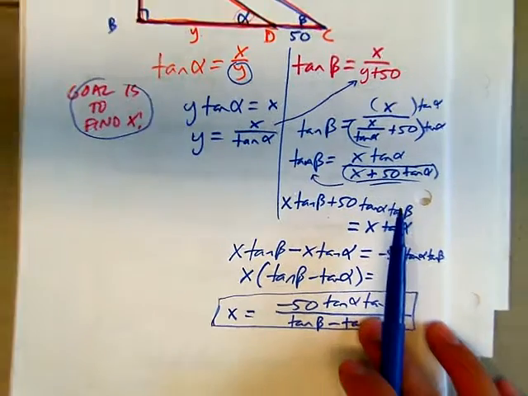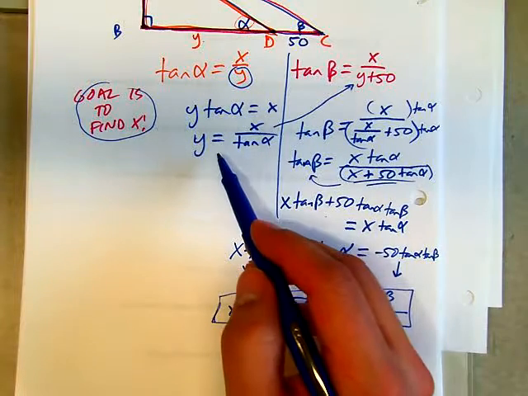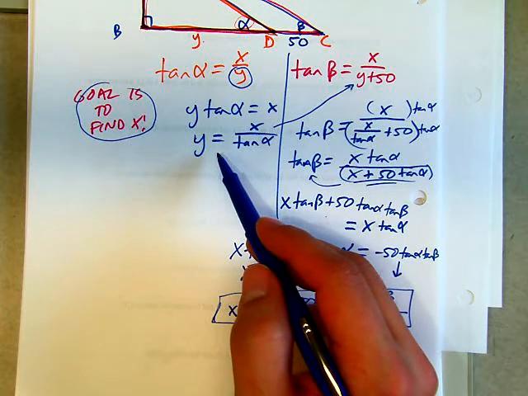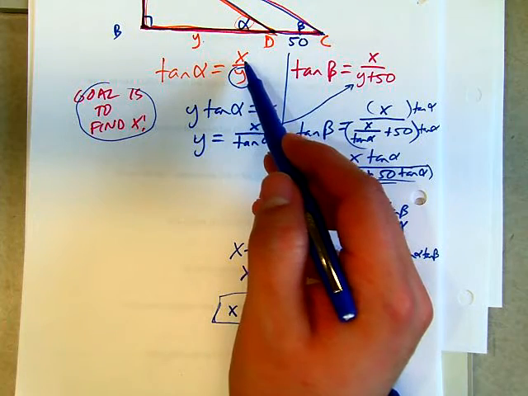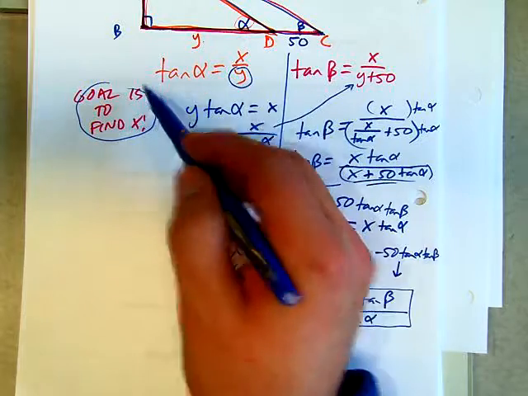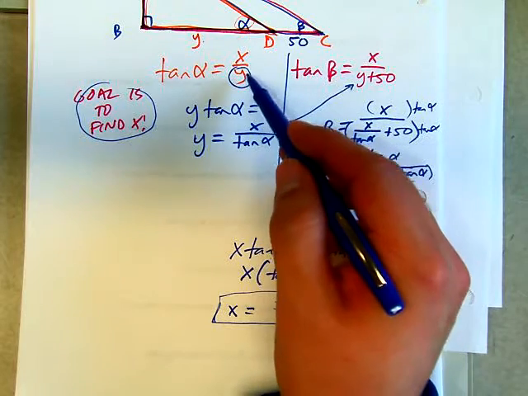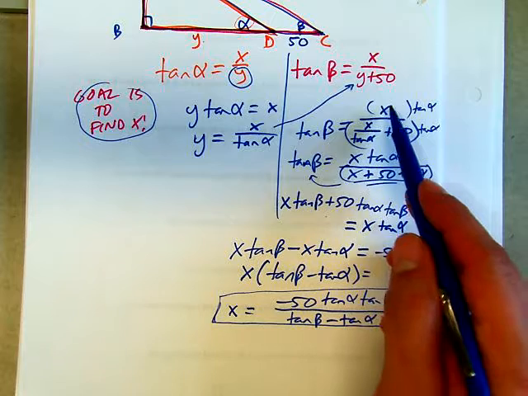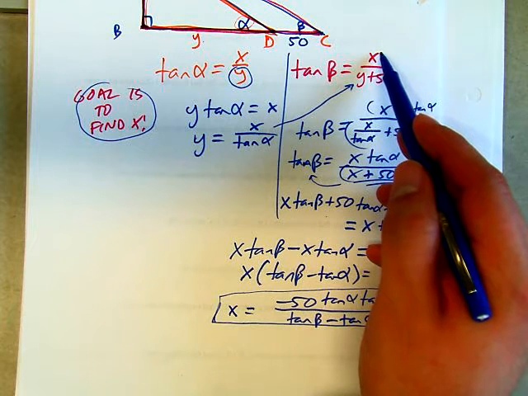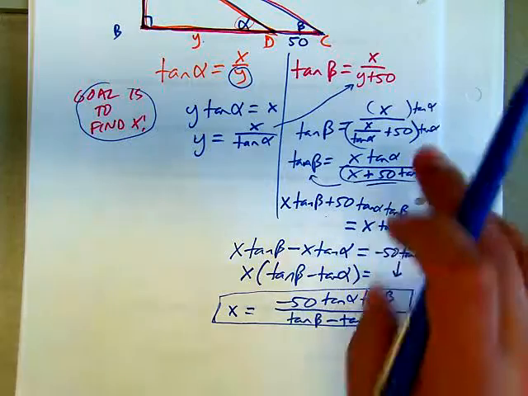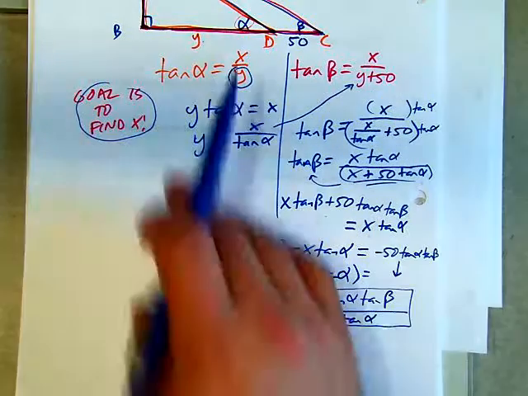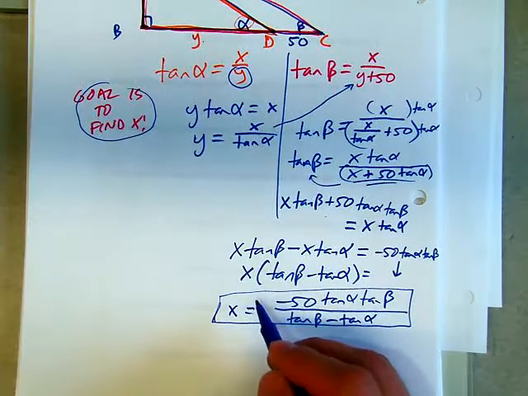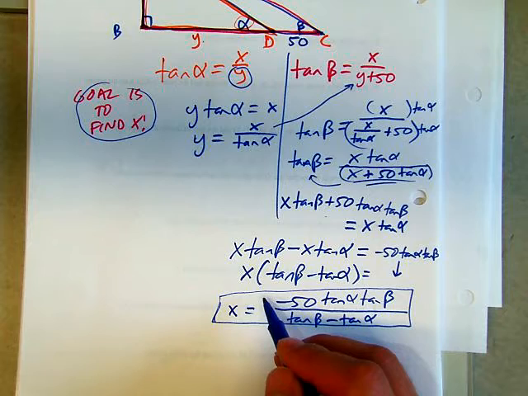Number one, you did not necessarily have to find y first. In fact, it's easier to find x because you could just multiply by y, and then now you have x equals y tangent alpha, and then you can substitute that in for x over here, and then solve for y, and once you have y, go back and figure out what x is going to be, and you're going to get the same answer.